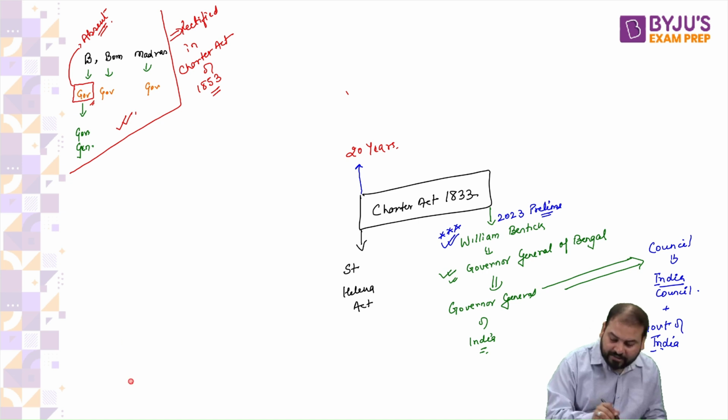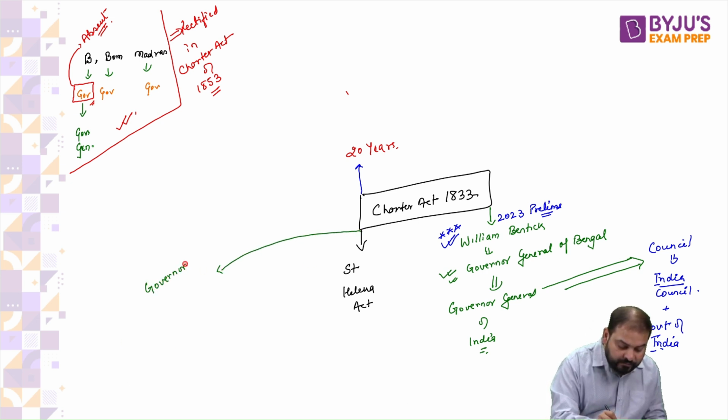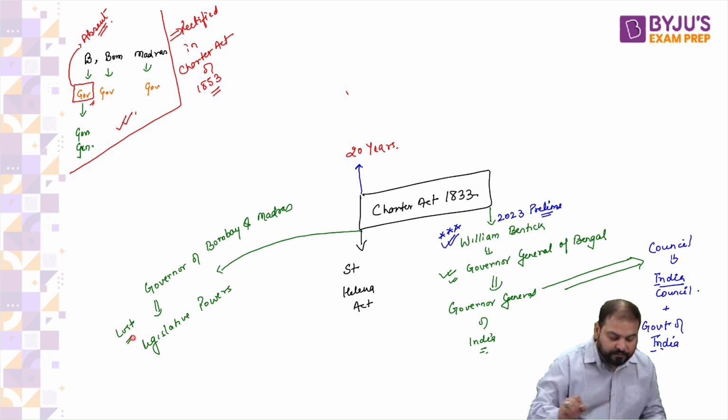Invariably, Raj, think about this now. Invariably, the governors of Bombay and Madras had their powers diluted much more and they lost their legislative powers.